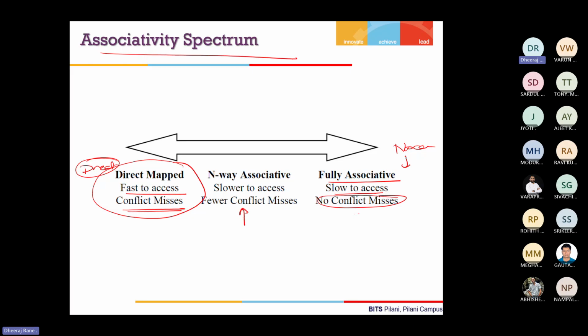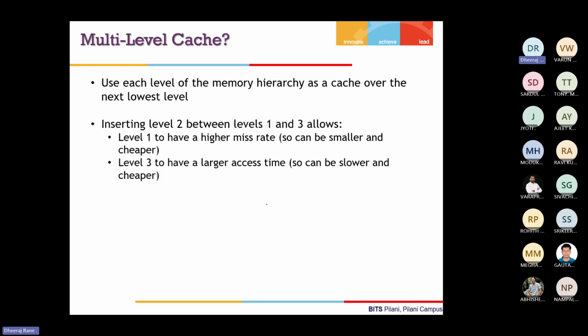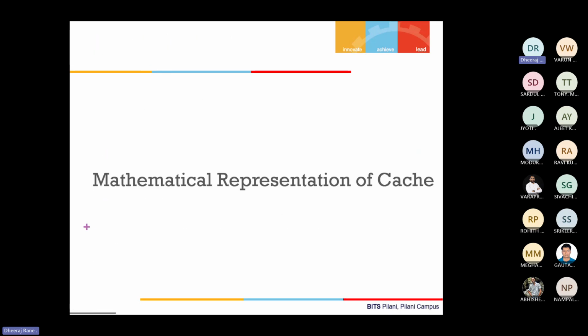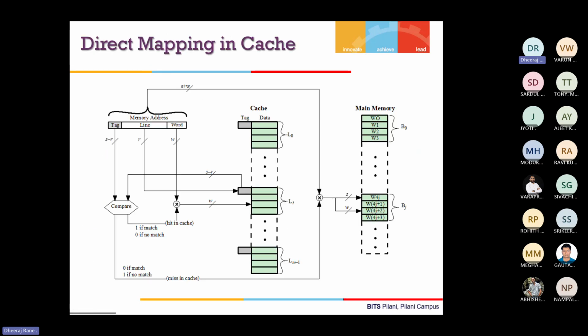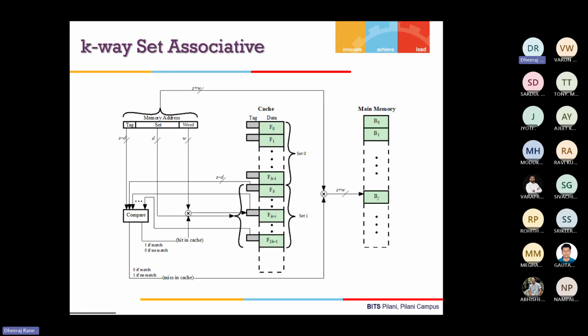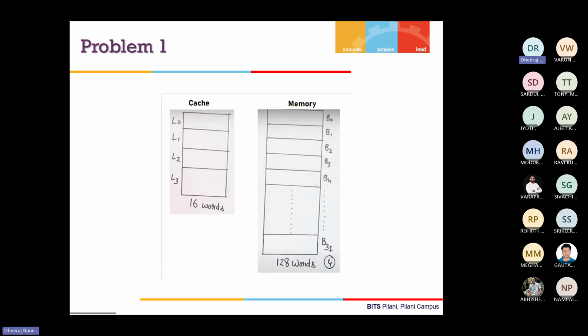And this is the midway or the n-way where you can choose the associativity and accordingly you will be having slower access or fewer conflict misses. So this is your multi-level cache. We'll quickly go to the numericals, looking at the time, so that at least you can start brainstorming the things.